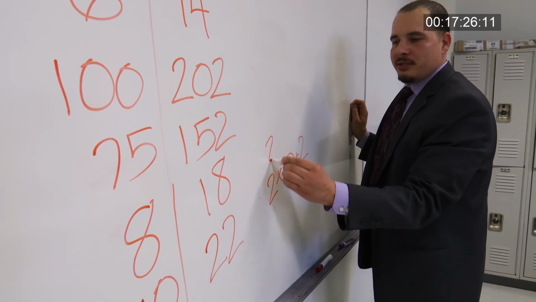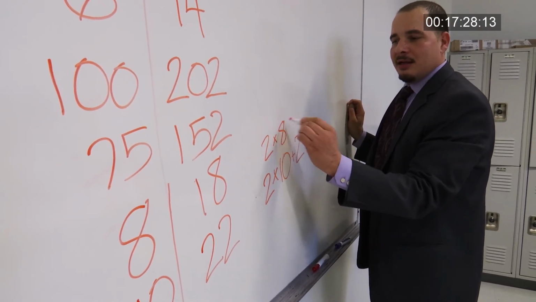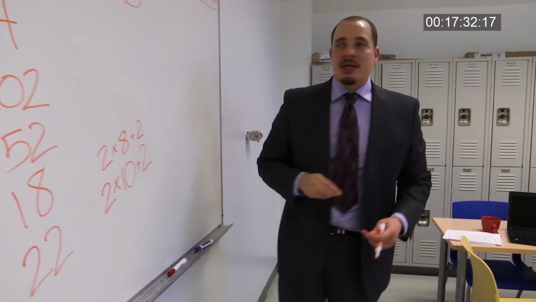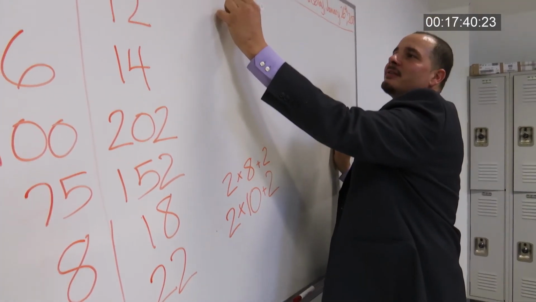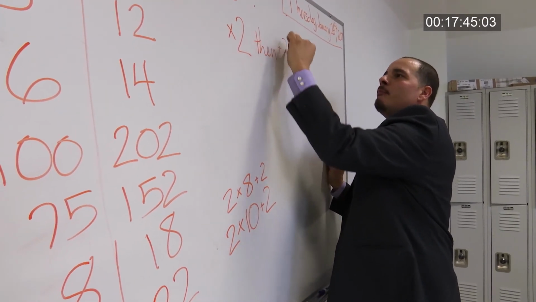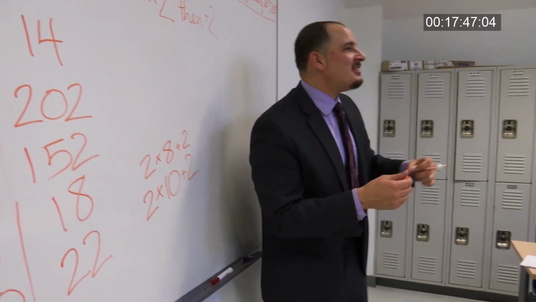That was probably 2 times 8, plus 2. So my rule is, no matter what the input is, I'm going to do what? Did I add or multiply first? I multiplied first, and then add. Times 2, then plus 2. You guys got it. Good job.